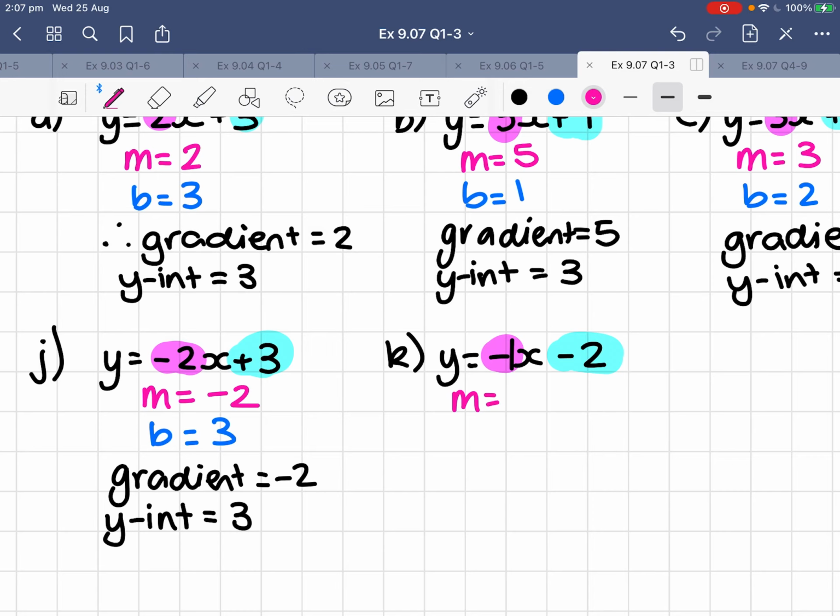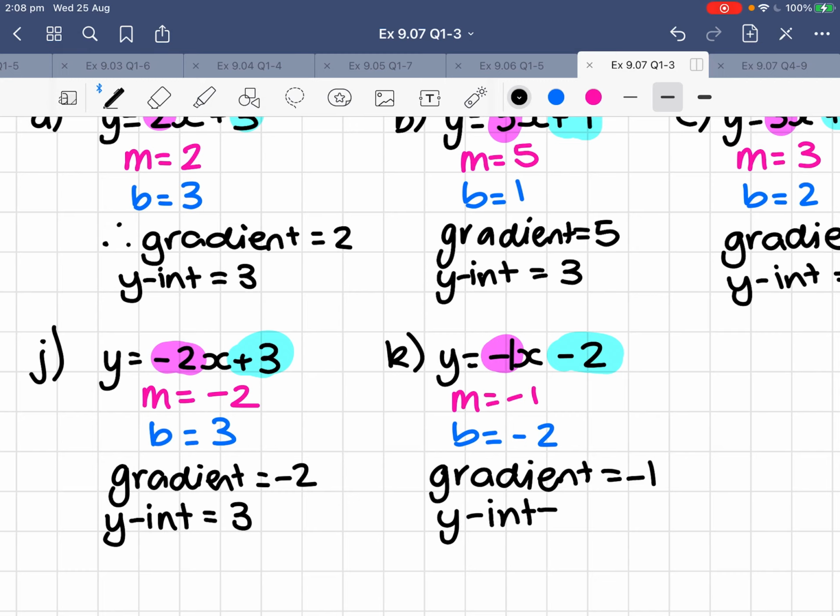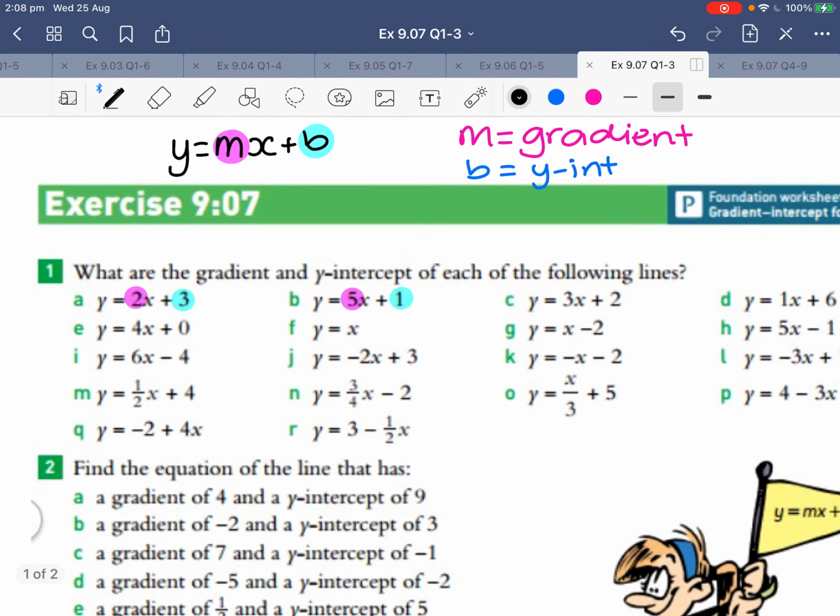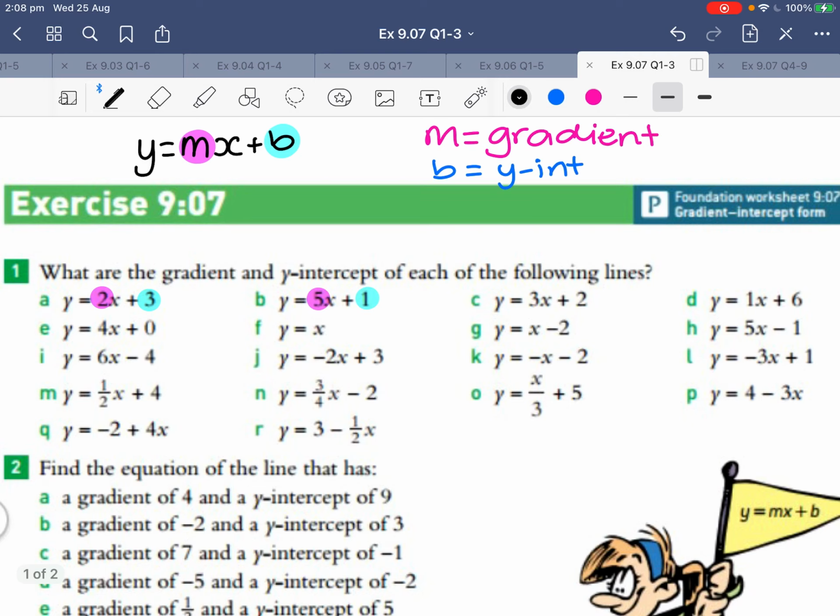Whenever we have a negative out the front, it means negative 2 is the y-intercept. So for this one, we have a gradient equal to minus 1 and our y-intercept equals minus 2. So all you're doing for question 1 is going through and working out which is the gradient and which is the y-intercept.